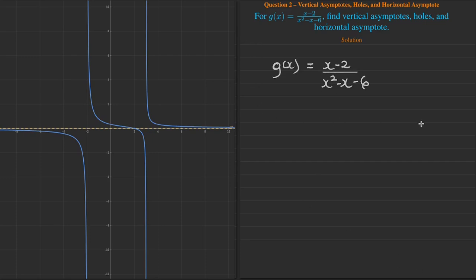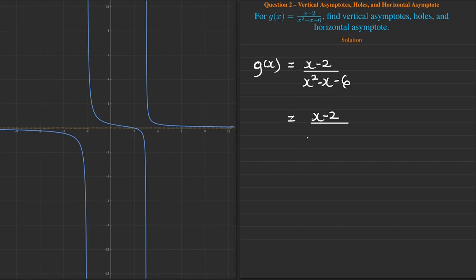So we can rewrite the function using the method of factorization. We have x minus 2 all over x squared minus x minus 6, which when factorized gives us x minus 3 and then x plus 2. You realize that there's nothing we can cancel out.